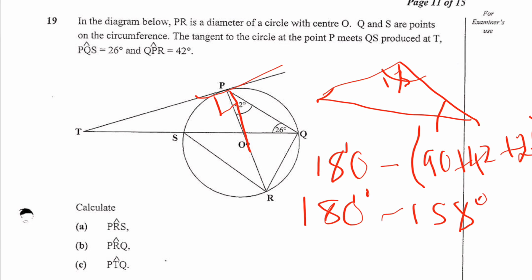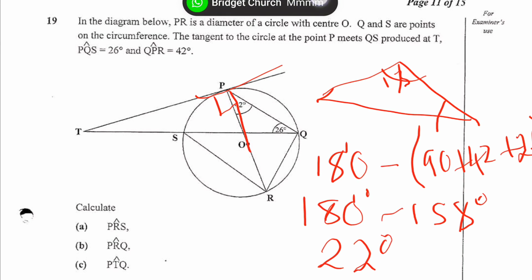Then 180 minus 158 is 22. So I'm going to write 22 degrees. 22 degrees is the answer to the last question here.